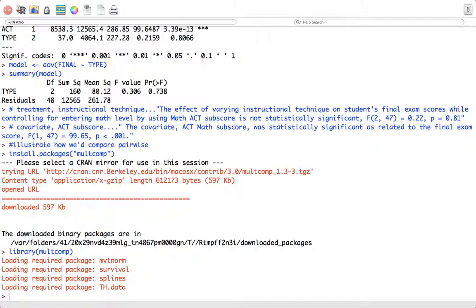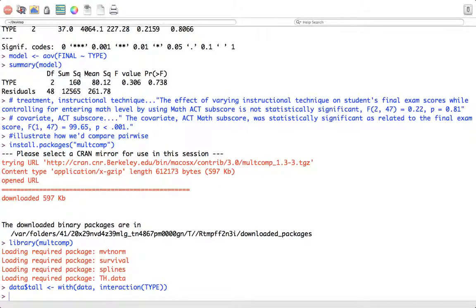So what I'm going to do here is start out with our data, which I have, $tall. And I'm going to run with data, and I want an interaction across type. Okay? Now the next thing I want to do is run a linear model.